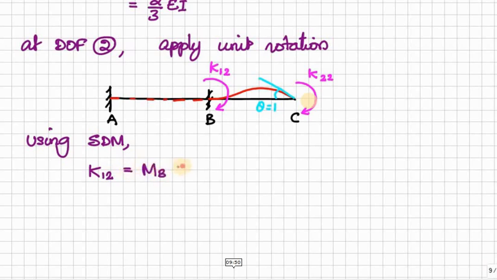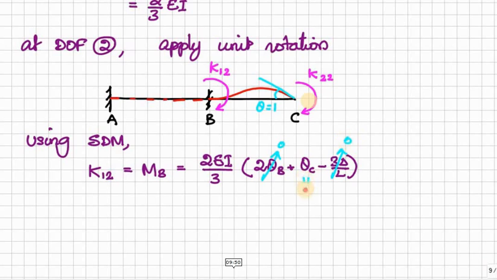So, again using the slope deflection equation, K12 is equal to MB, the moment at B, which is nothing but 2EI by L. L is here 3 meter, and 2 theta B, but theta B is 0 because support B is fixed. We make support B fixed to apply unit rotation at C, and theta C is equal to 1. And delta, there is no differential settlement, therefore delta is also 0. So again the same answer we get, that means 2 by 3 EI, which is equal to K21.